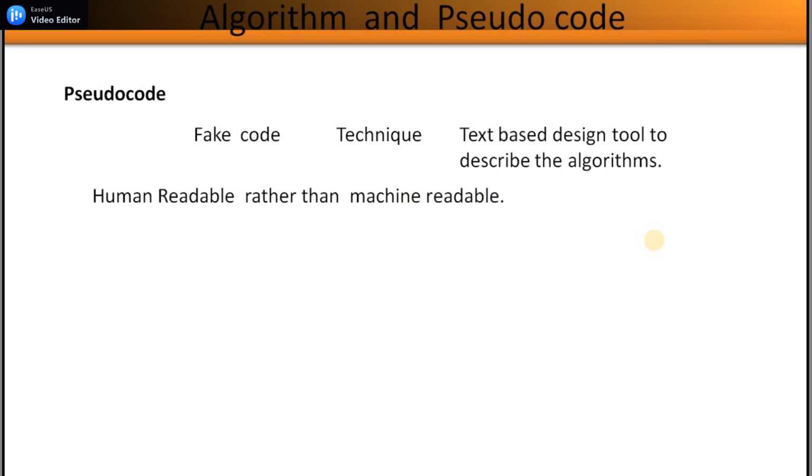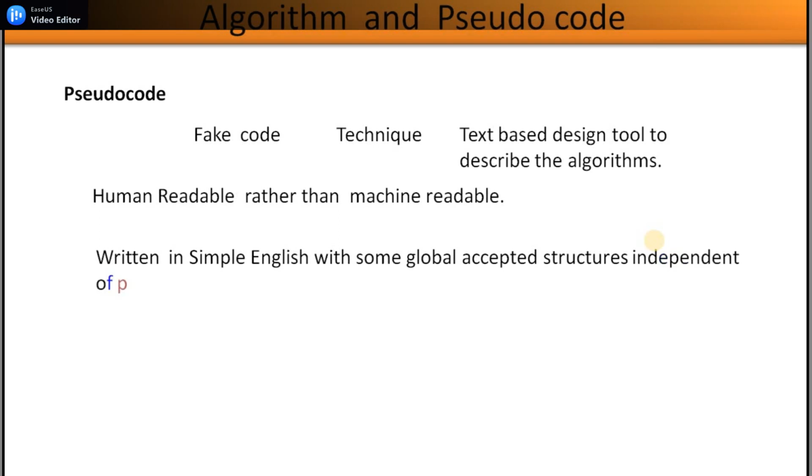Pseudocodes are human readable rather than machine readable. So, it cannot be compiled by the computer. It is written in simple English with some globally accepted structures independent of programming languages. It is fully syntax free.